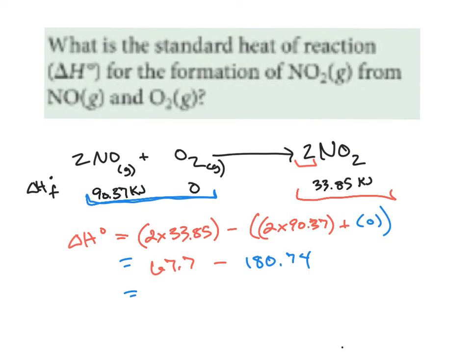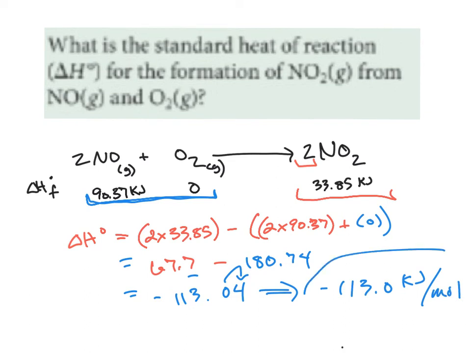The enthalpy change for the formation of nitrogen dioxide from nitrogen monoxide and oxygen is negative 113.04. And because this only has one significant figure, this is a subtraction problem. So we've got to go to the tenths place. So our answer would be negative 113 kilojoules per mole.